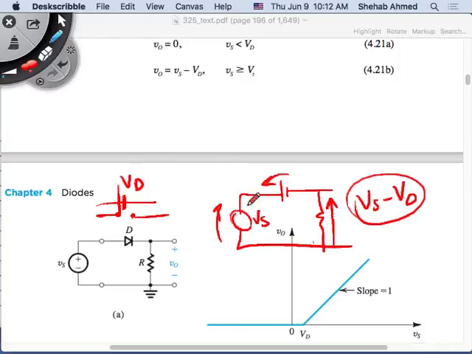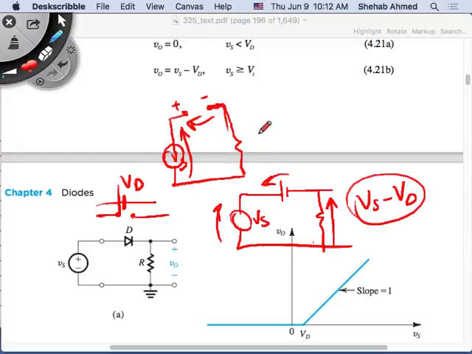And when it's in the open circuit condition, what is the voltage across the diode? Vs. Right?